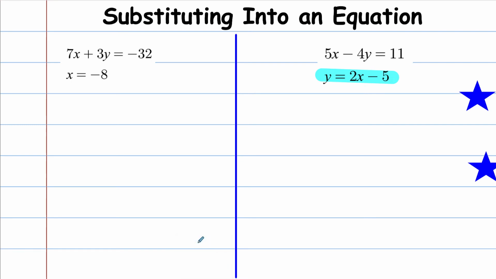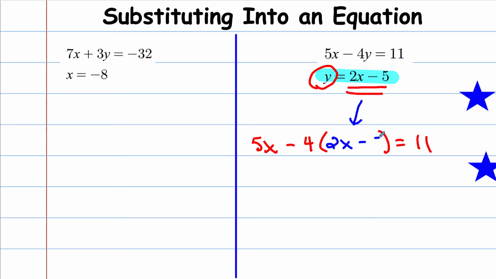So this time I'm replacing the y with what it's equal to. I'm going to go back to my first equation and put parentheses in place of the y, and plug in the expression that y is equal to from my second equation.